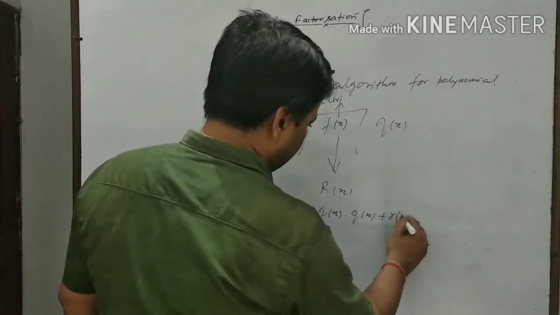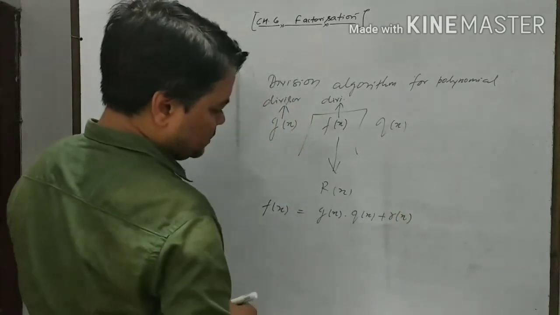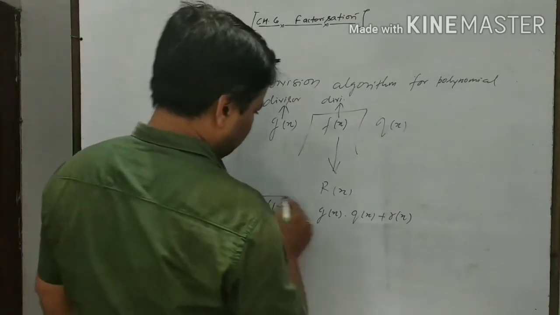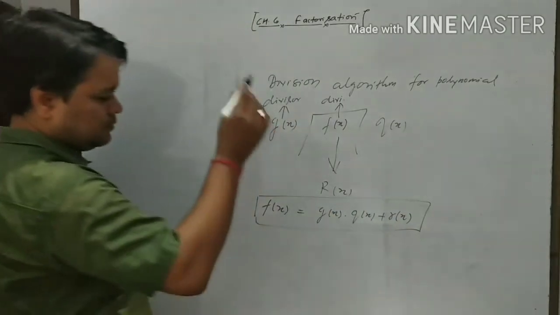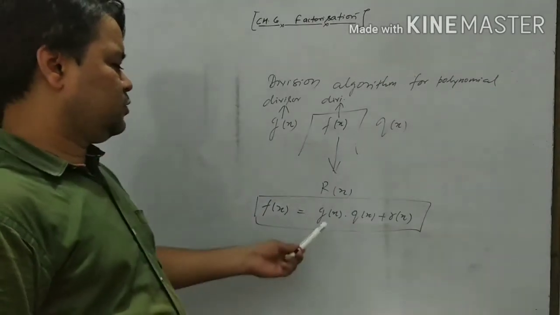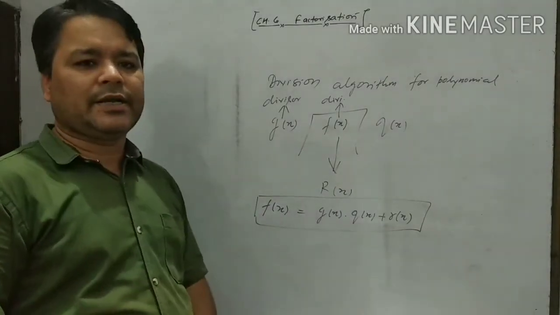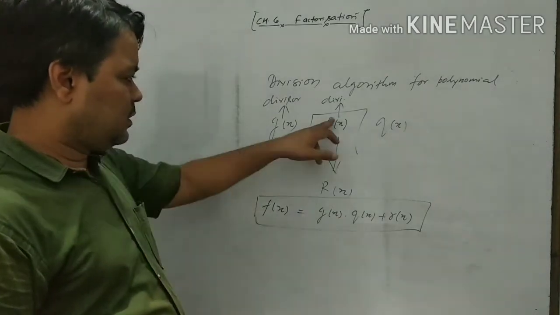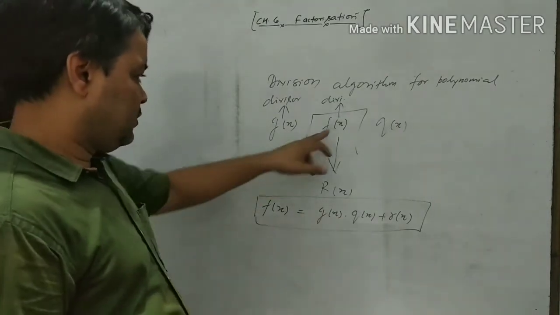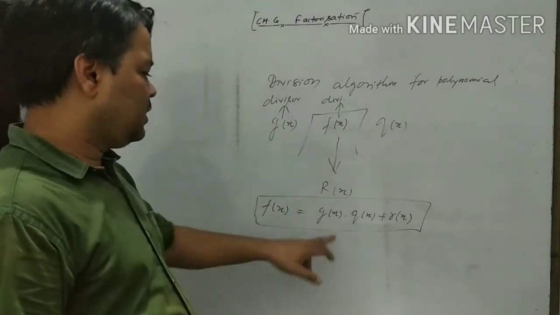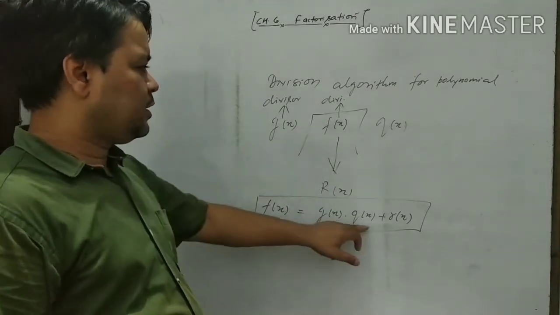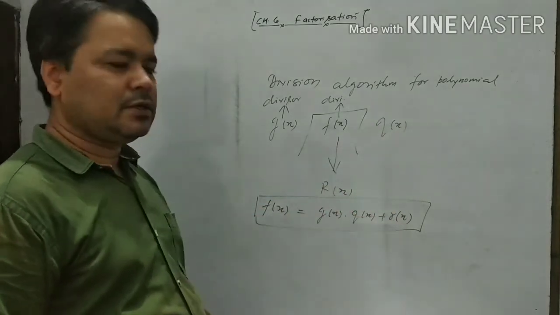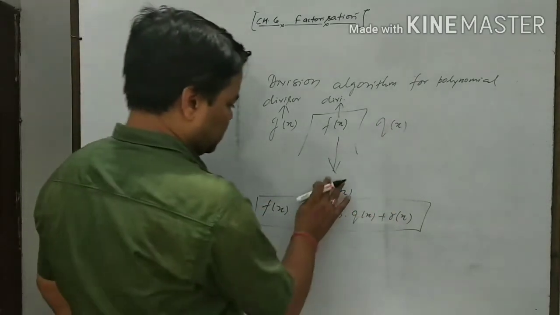This is called the division algorithm for polynomials. Here f(x) is the dividend, g(x) is the divisor, q(x) is the quotient and r(x) is the remainder.